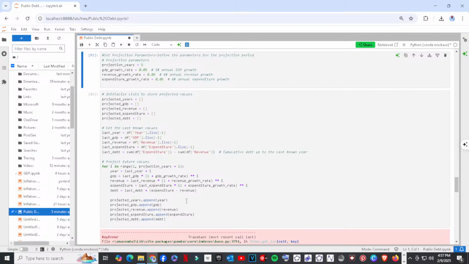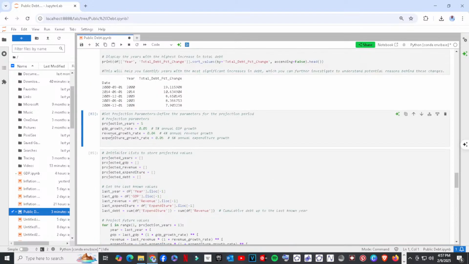We'll need parameters, so I'll first need to analyze the GDP to get the right GDP growth rate and put it here, because these are parameters we have to set before we project the debt.